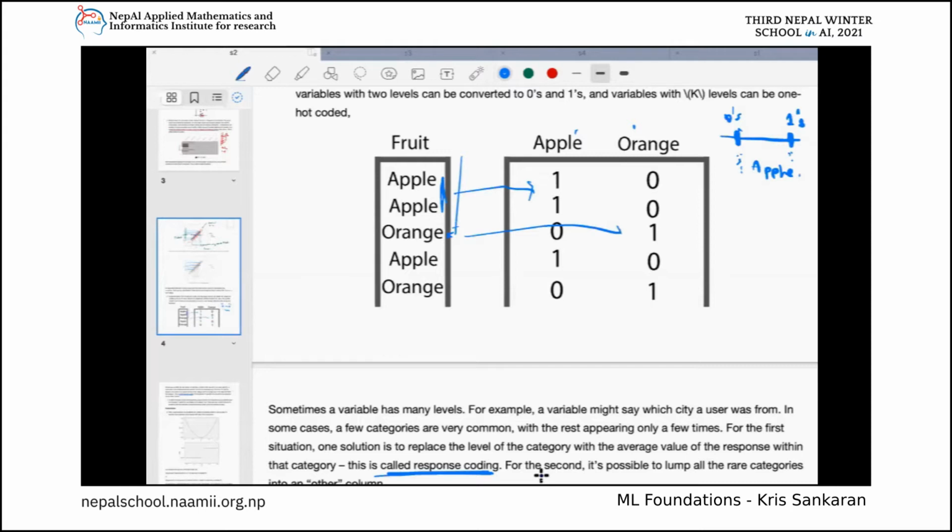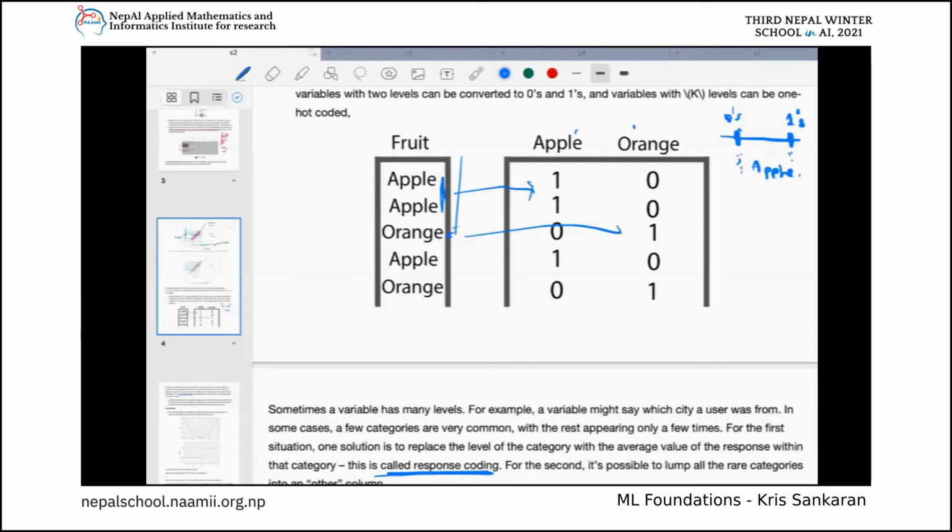Another common situation is you might have a few categorical levels which are really, really common, and then a whole bunch which only occur once or twice. Again, in this situation, doing this kind of straightforward coding doesn't make sense. What you can do instead is try grouping everything that's very rare into an other or a rare column.